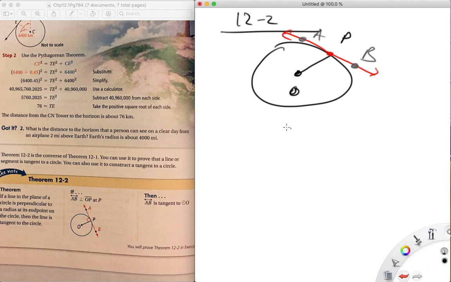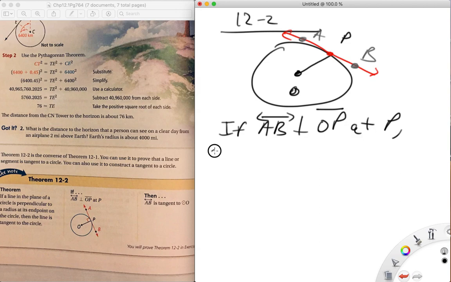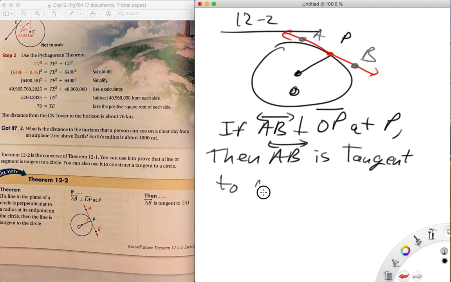I use way too often. So if line AB is perpendicular to segment OP at P, which is the point of tangency, and AB is tangent to circle O. Right, so that's the inverse of 12.1.